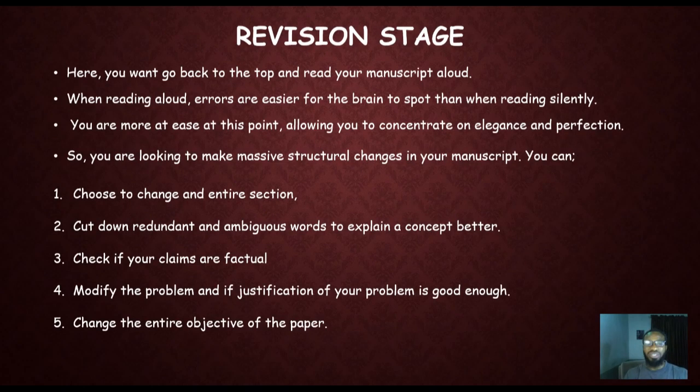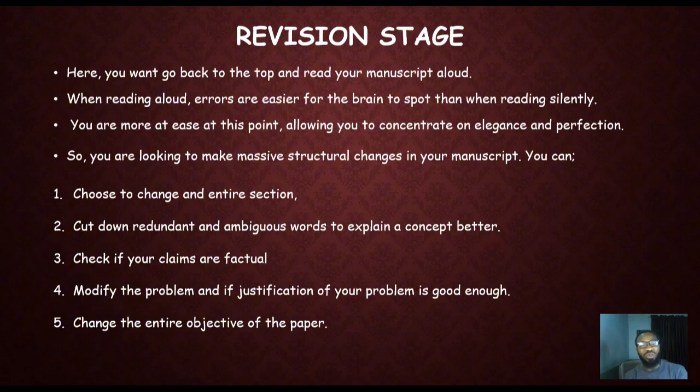The next stage is called the revision stage. In the revision stage, you want to go back to the beginning and read your manuscript aloud. Reading aloud makes it easier for your brain to spot errors than when you read silently. Now at this point, you are more calm, you're no longer stressed, you're no longer in a haste to finish. So you are at ease, and this will allow you to concentrate on elegance and perfection.